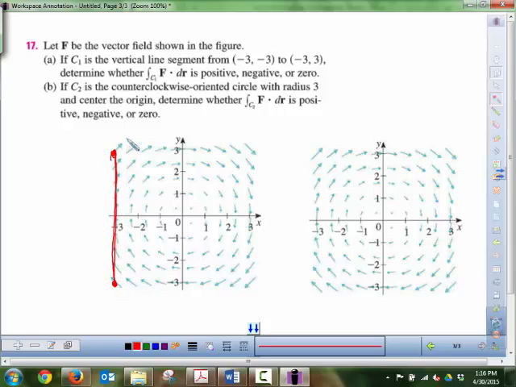Now, you could probably just sample points and then try to get an idea of what's happening. Technically, you should look at every single point on this line, but that could possibly be impossible. So if I just take a point here, I would imagine that my vector field would look something like this.